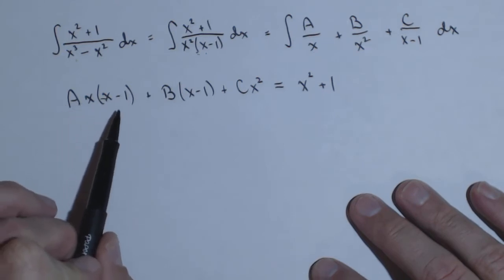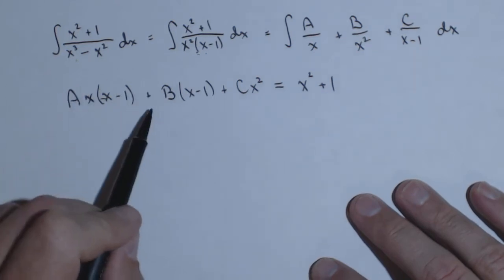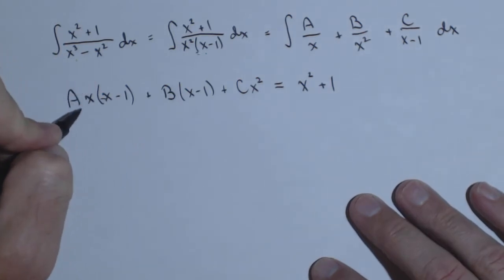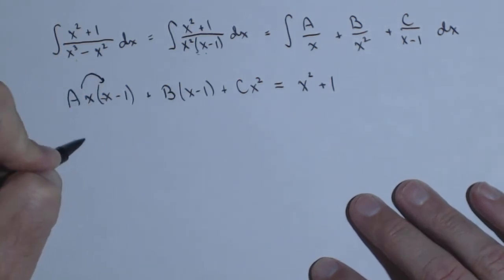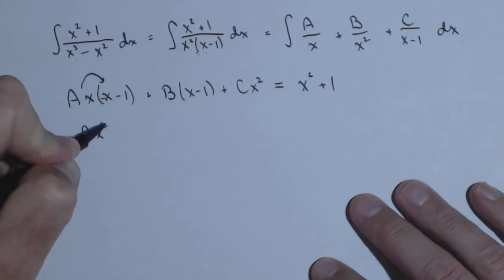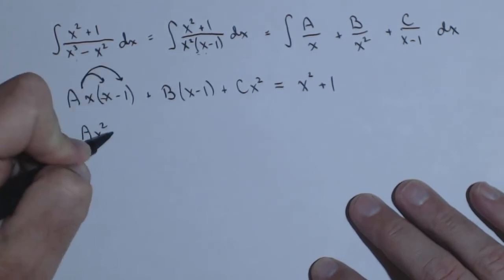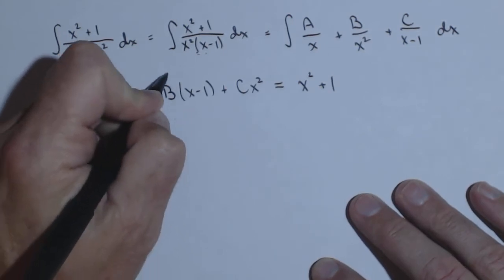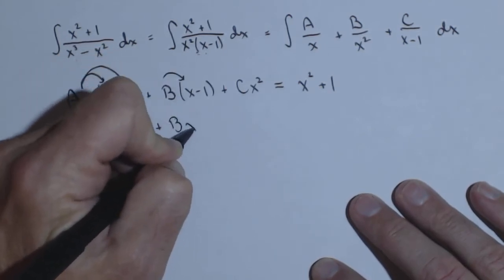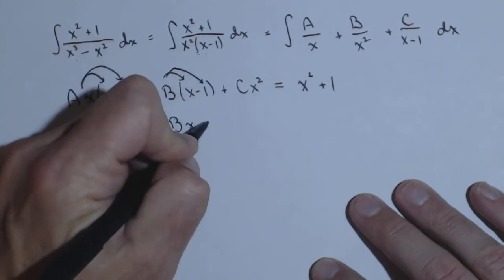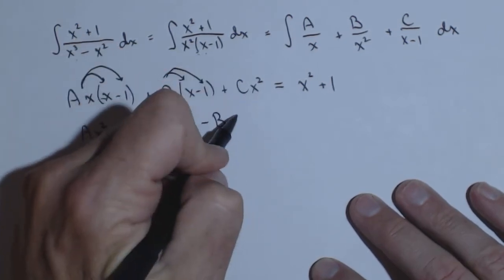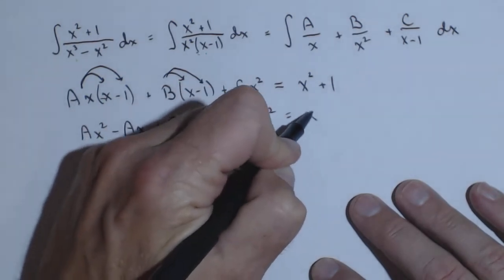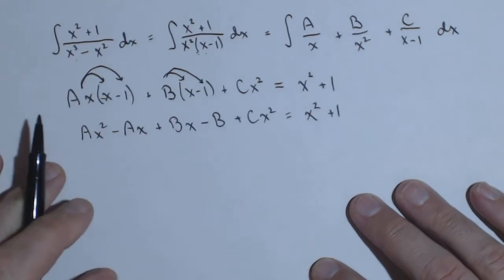So I'm going to show you another way of doing this, and that involves actually multiplying this all out and seeing what we get. Distributing this, we end up with Ax squared minus Ax plus Bx minus B plus Cx squared equals x squared plus 1.